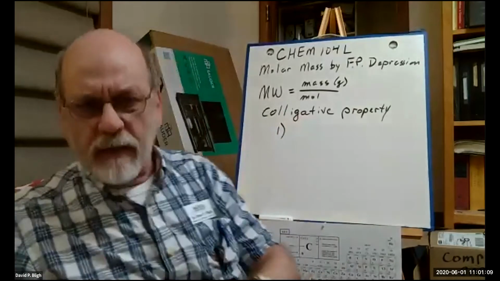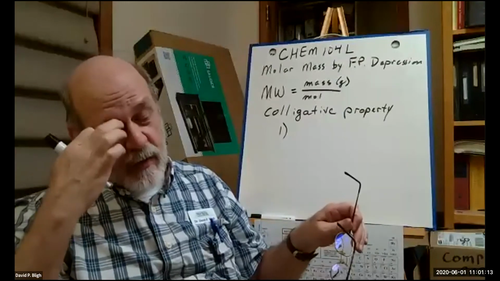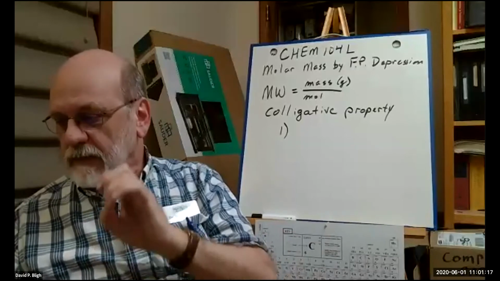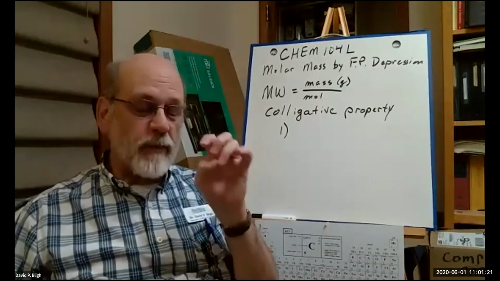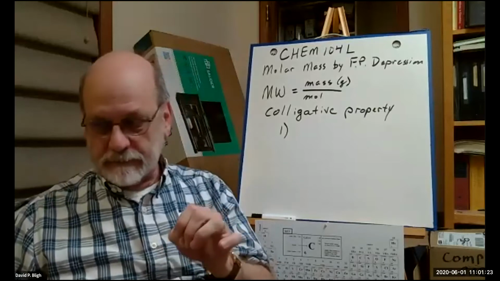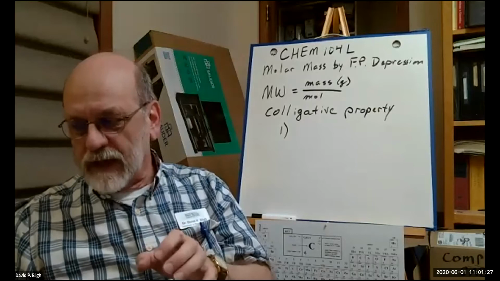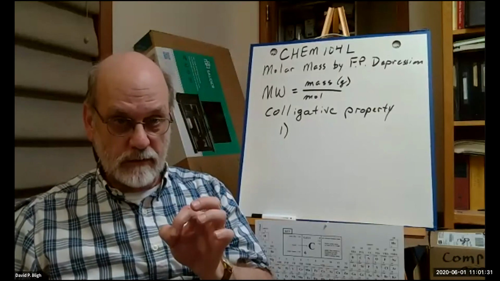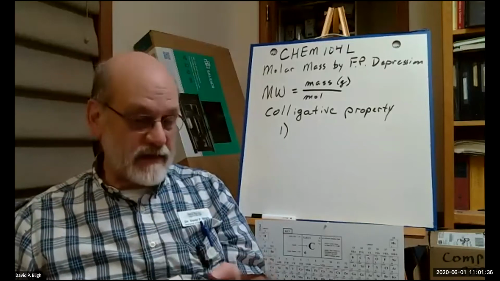Wait a minute, before I do that, what is a colligative property? A colligative property is actually a property of a solution that depends only on the number of particles of the solute and not on their identity.